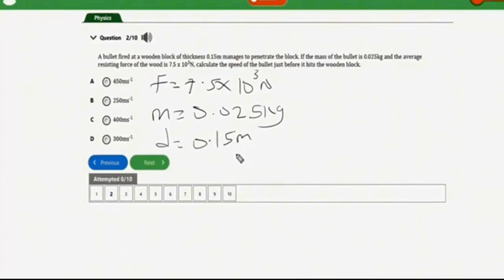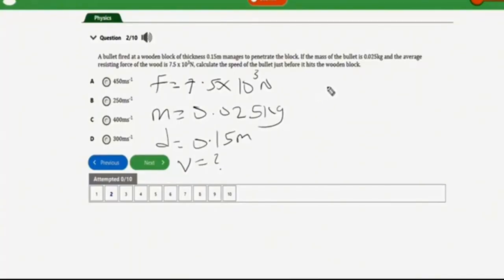We are looking for v, the final velocity, which is unknown. Now to solve this question, firstly let's get the acceleration.